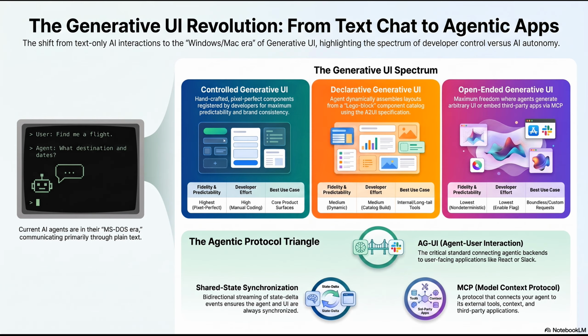Right. And that brings us to the next step up the generative UI spectrum, which is declarative generative UI. This leverages an open specification originated by Google called A2UI. Instead of building monolithic, hard-coded components for every single possible feature, developers define 3 separate pillars. So if I'm getting this, instead of a finished house, you're giving the AI the raw materials, the wood, the nails, and the blueprints. That is a perfect way to put it.